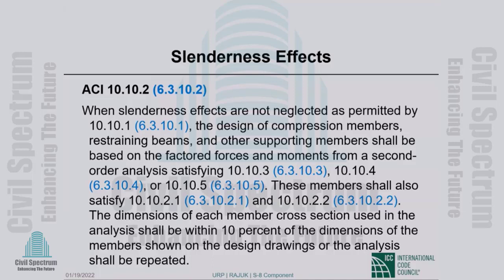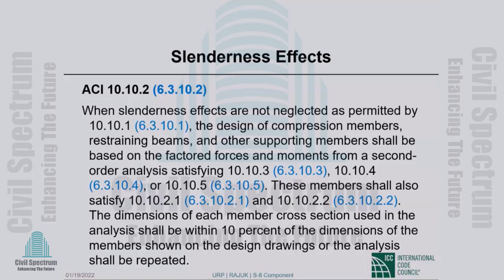So a couple of places something like that is said. Your analysis shall be done on columns that are on the design drawings. Okay, this is obviously important. Otherwise, you have gone someplace else.